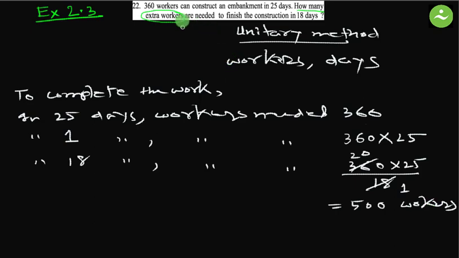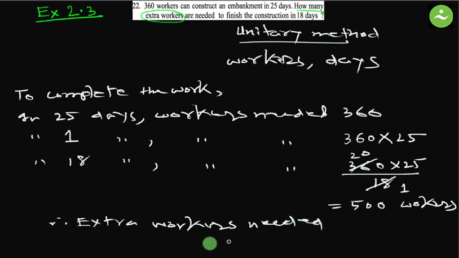So we already have 360 workers. So how many extra workers? Therefore, extra workers needed equals 500 minus 360 equals 140, and that is the answer.